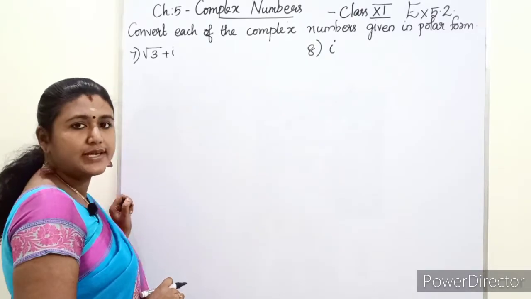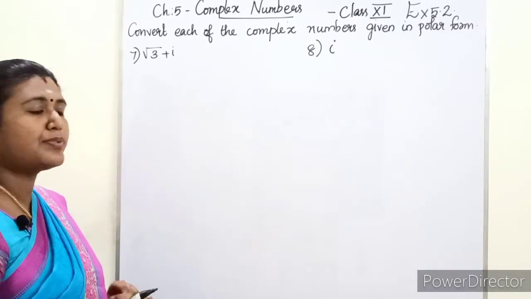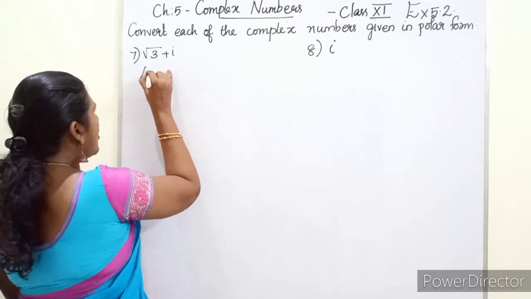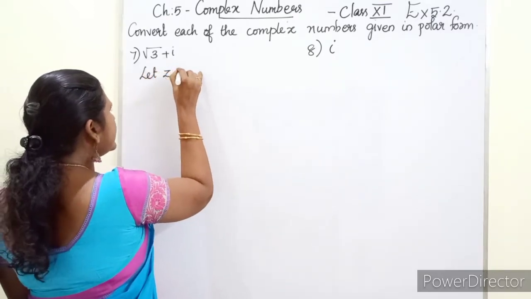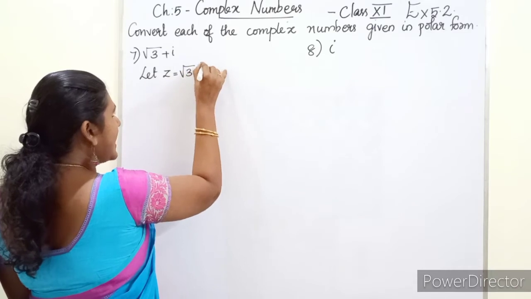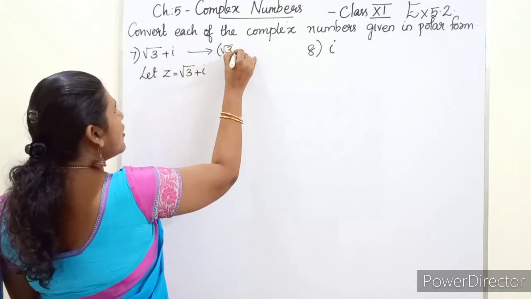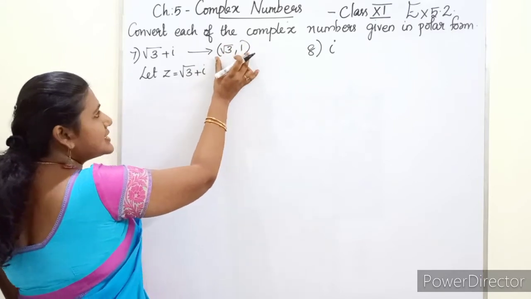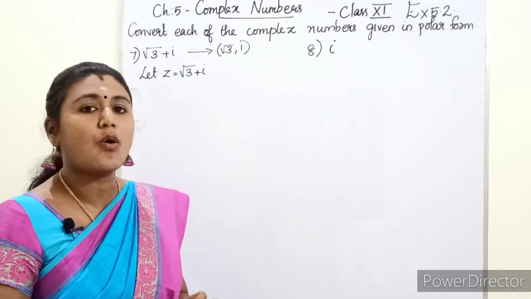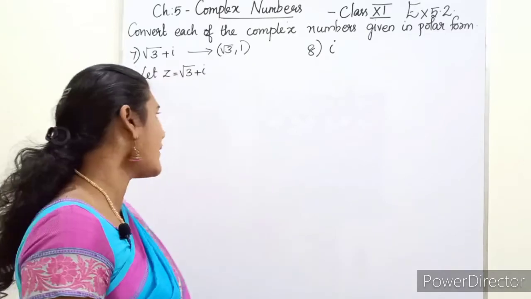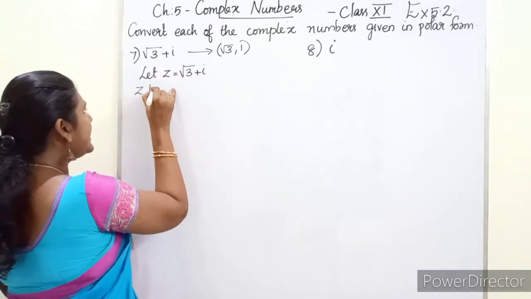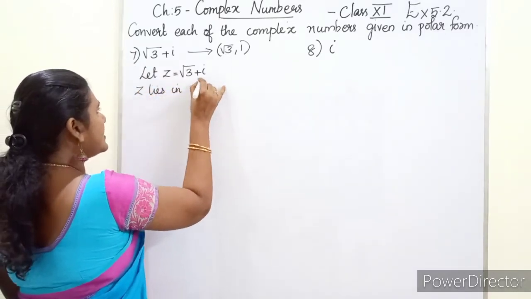Seventh question, the complex number is root 3 plus i. We will denote this complex number as z. So z is equal to root 3 plus i. The ordered pair corresponding to this complex number is root 3 comma 1. If you see this ordered pair, you can say that z lies in the first quadrant.